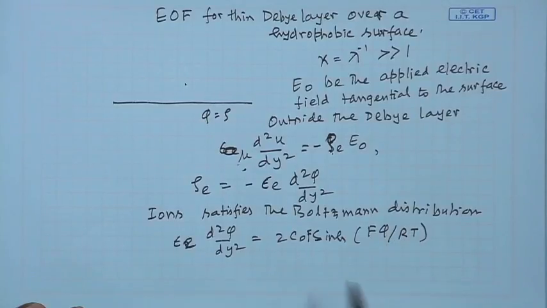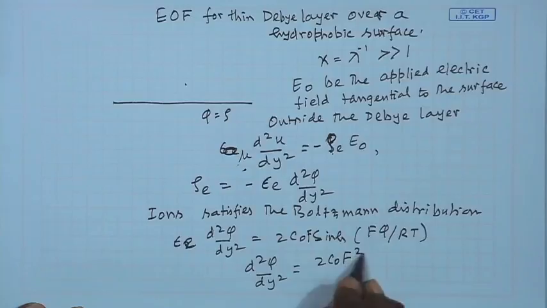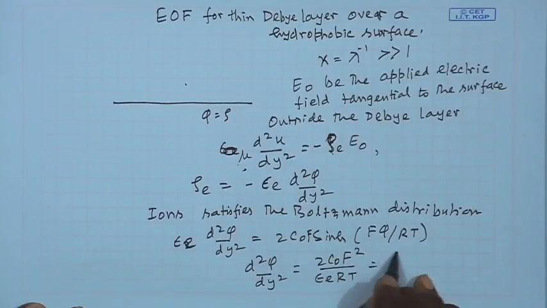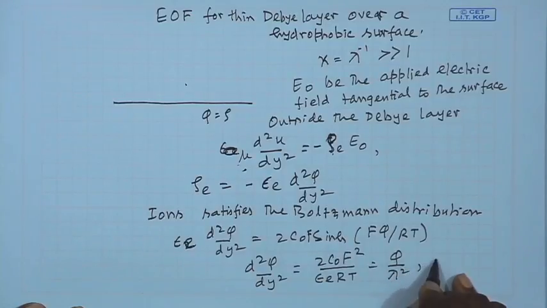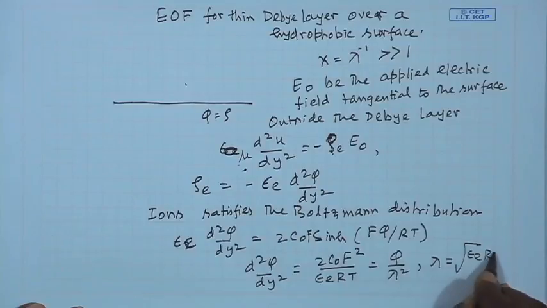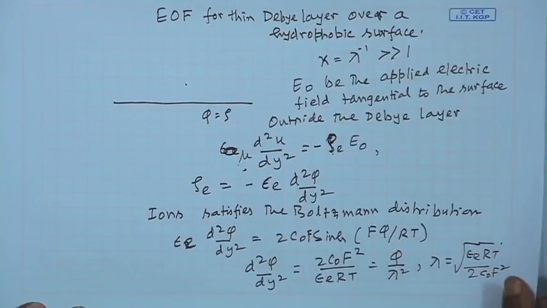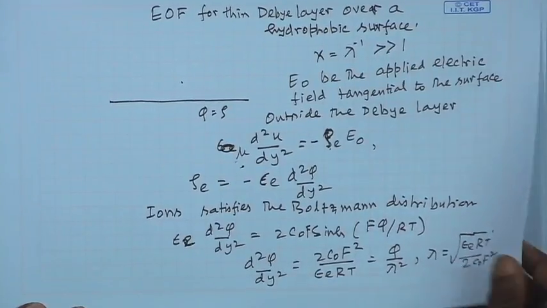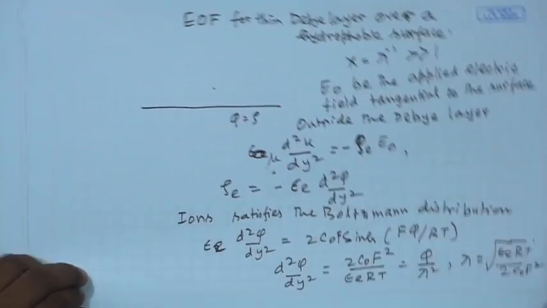Now, if I apply the Debye-Huckel approximation, this becomes d2 phi/dy2 equal to 2 c0 F squared by epsilon e RT, equal to phi by lambda squared. Lambda is the Debye length, epsilon e RT by 2 c0 F squared. So this is the Debye length, and we can write the conditions.